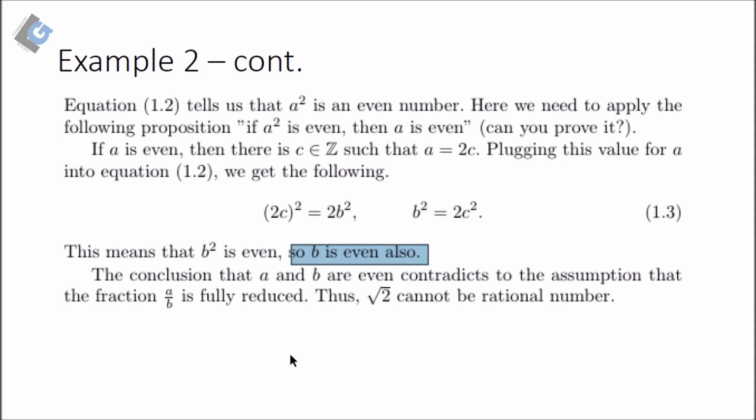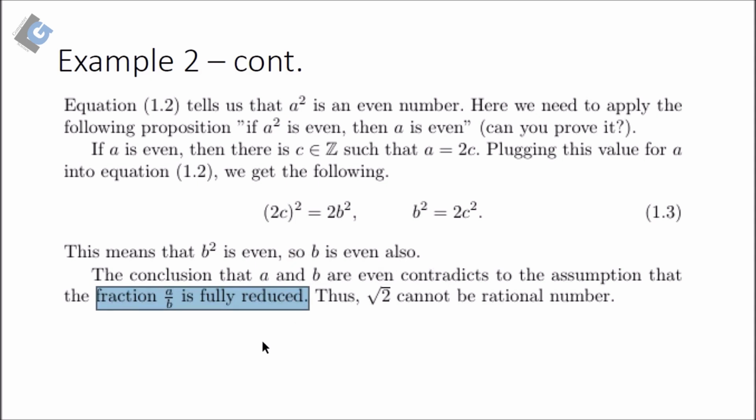We found both A and B are even numbers. So that contradicts the assumption that the fraction A divided by B is fully reduced, right?